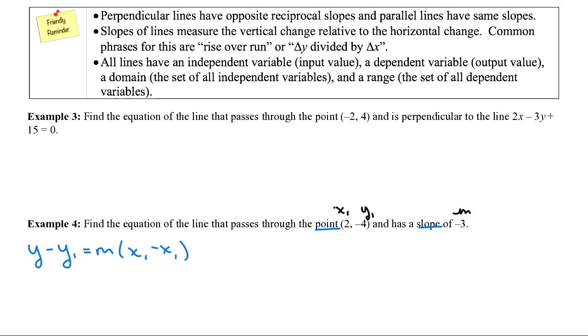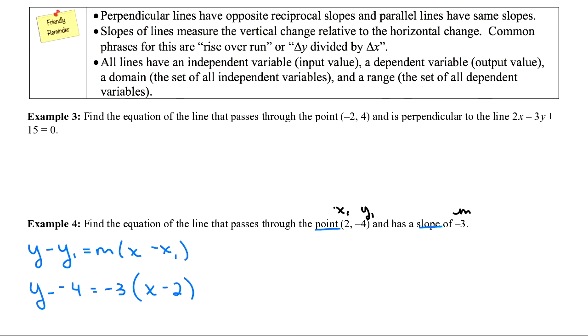So continuing with what we had here, we would say that we would have y minus -4 is equal to m, our slope, which is -3, times x. This should just be x. I'm sorry, I think I wrote that wrong. It should be just x minus x1. So correct that there for you. x minus x1, which we know to be 2.